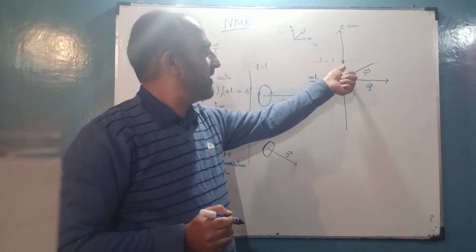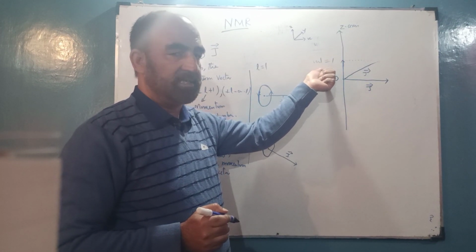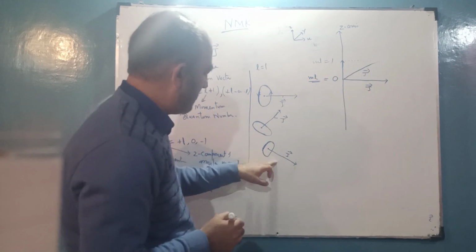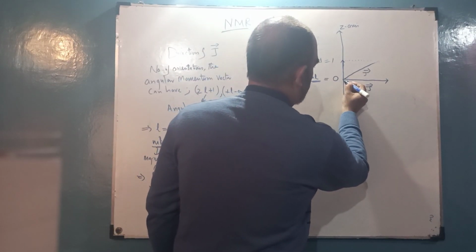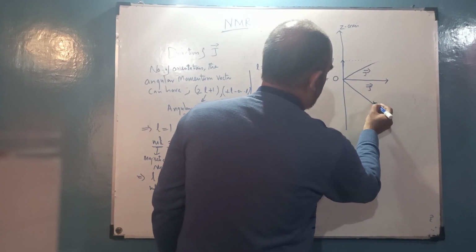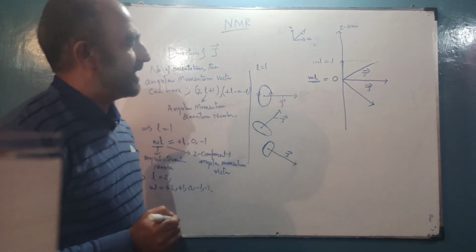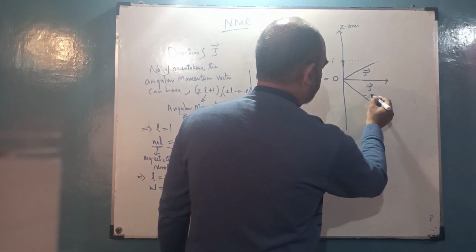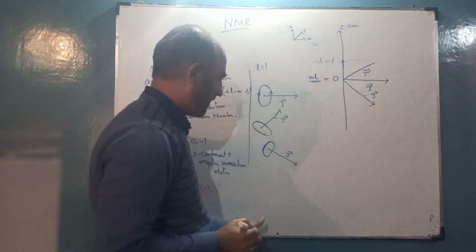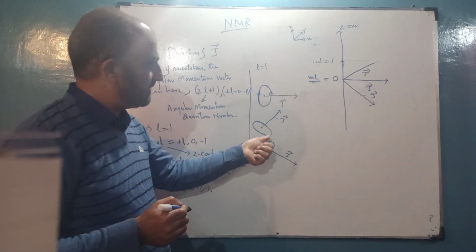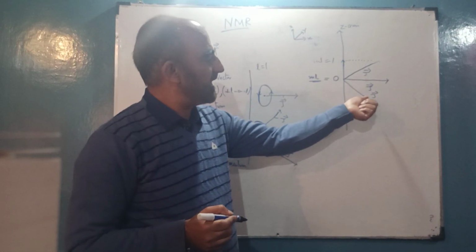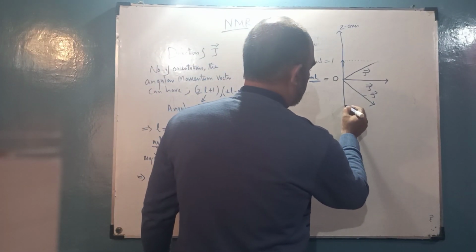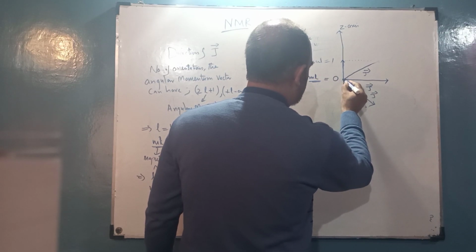So once I write the ML value as equal to 1, I know the direction of the angular momentum vector. Now, if the angular momentum vector is like this, I can show it like this. What is the component of this vector? This is again the angular momentum vector for this type of motion in this plane. And what is the component of this angular momentum vector on this axis? It is this component vector.